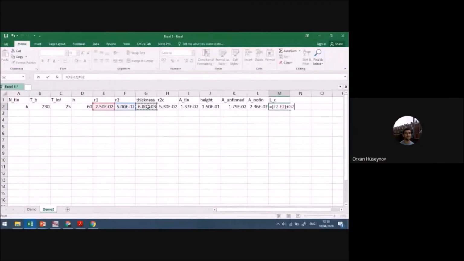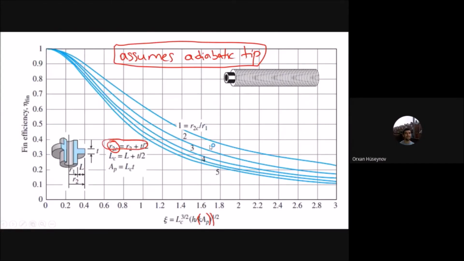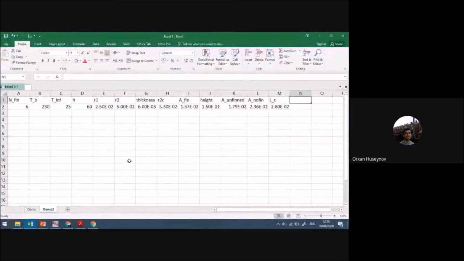This will be the LC. Then you should find this Ap, the profile area. The profile area will be the thickness into the corrected length. We have all of the values, and now we can calculate the coordinate.